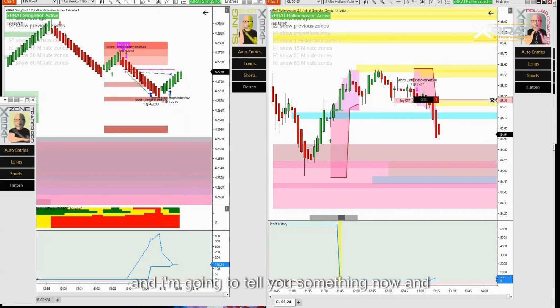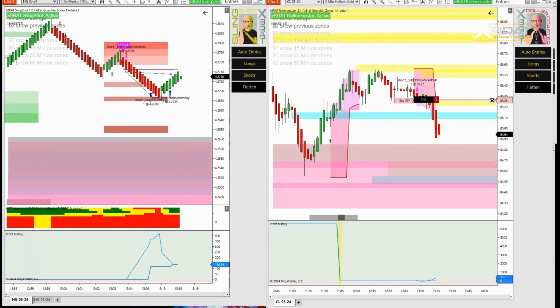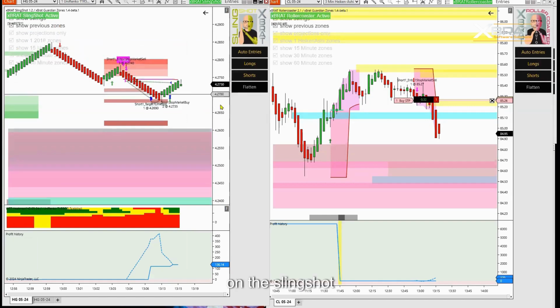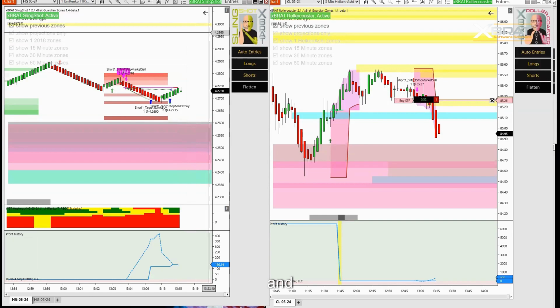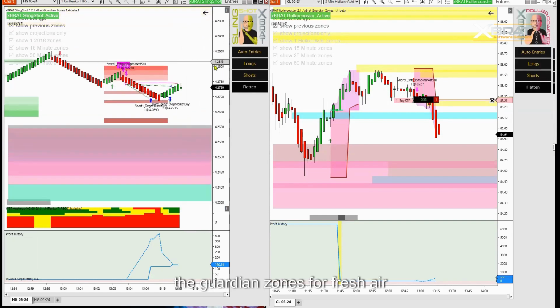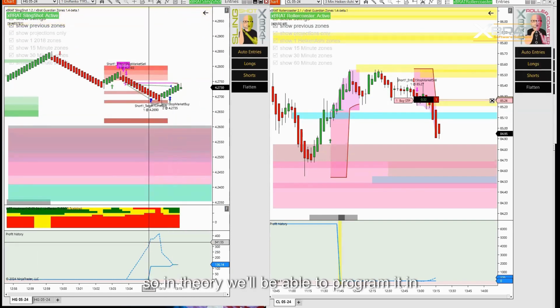And I'm going to tell you something now, and I hope the developer gets it. The first trial is trying to build into the slingshot the bias depth heat map for confirmation and the Guardian zones for fresh air. So in theory, we'll be able to program it to only take trades with the confirmation and fresh air.